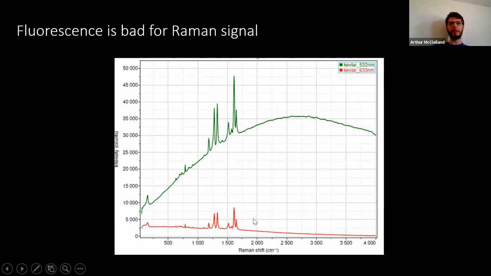Here I have the same sample. It happens to be Kevlar, which is a bulletproof vest material. And I ran it with two different lasers. I ran it with a green laser and a red laser. The green laser had enough energy to couple into an electronic transition, so we had lots of fluorescence. The red laser didn't have enough energy in each photon to couple into an electronic transition, so then we have very low fluorescence.